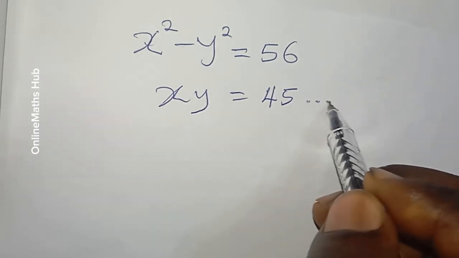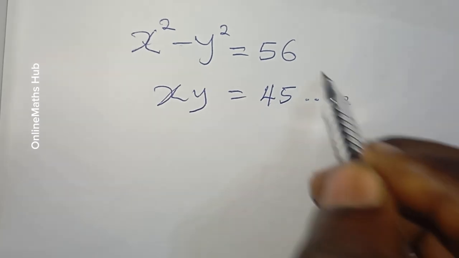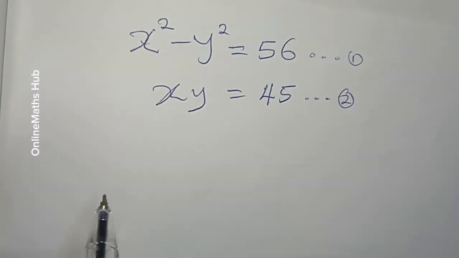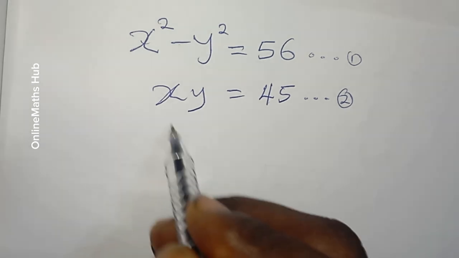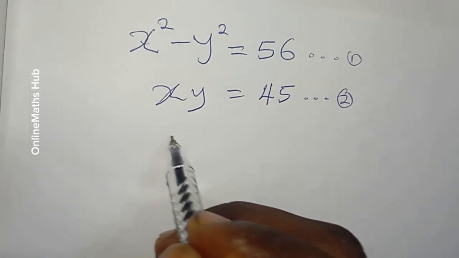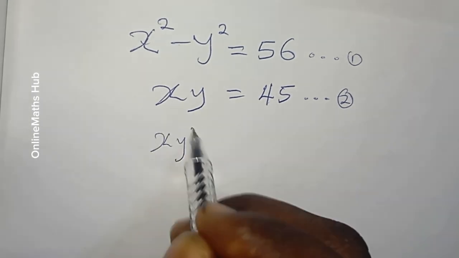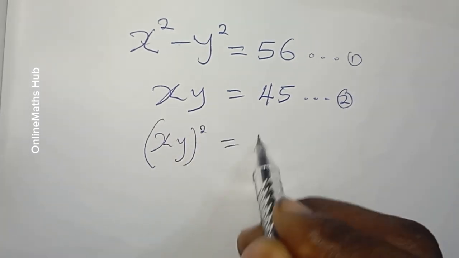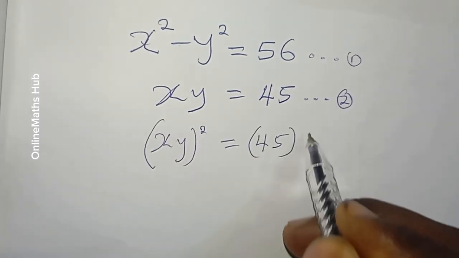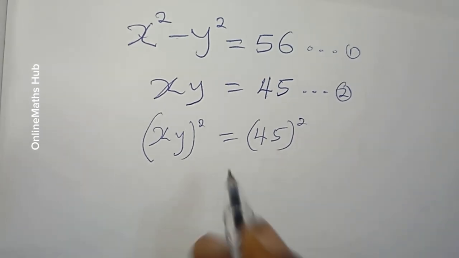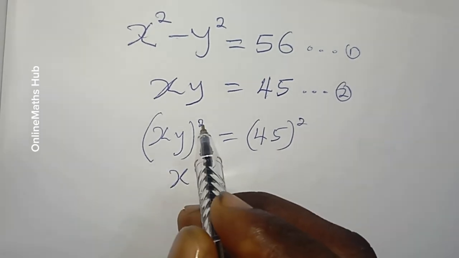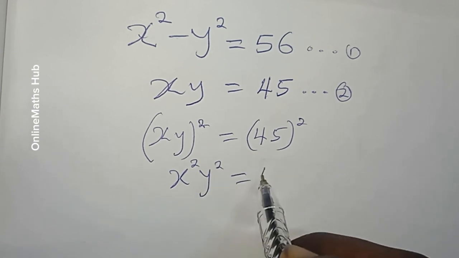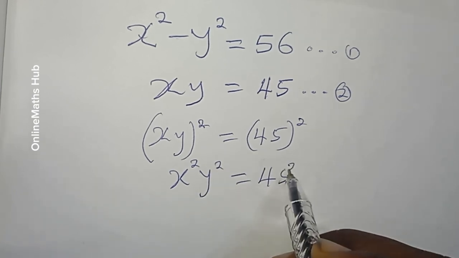So if we call this equation 2, and of course this is our equation 1, what I'm going to do is take the square of equation 2. If I do that, I'm going to have (xy) to the power 2, and 45 raised to power 2, and this will give rise to x squared y squared is equal to 45 squared.